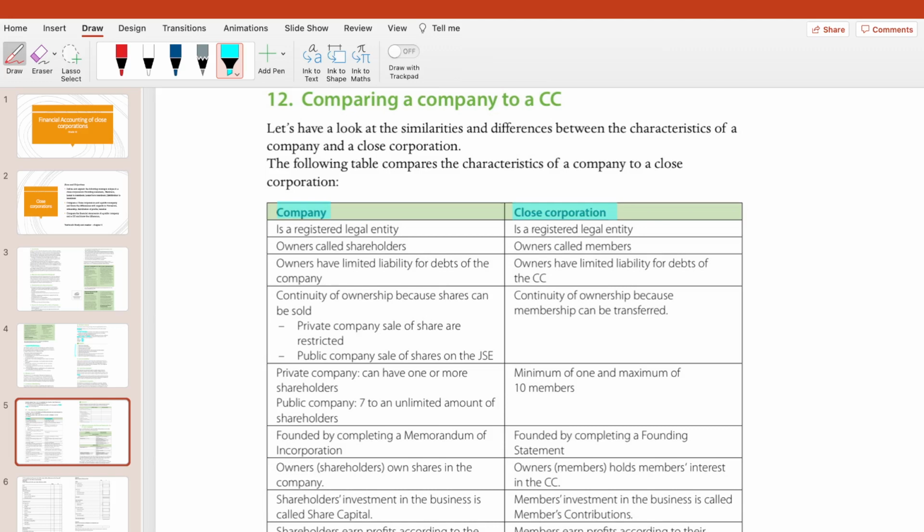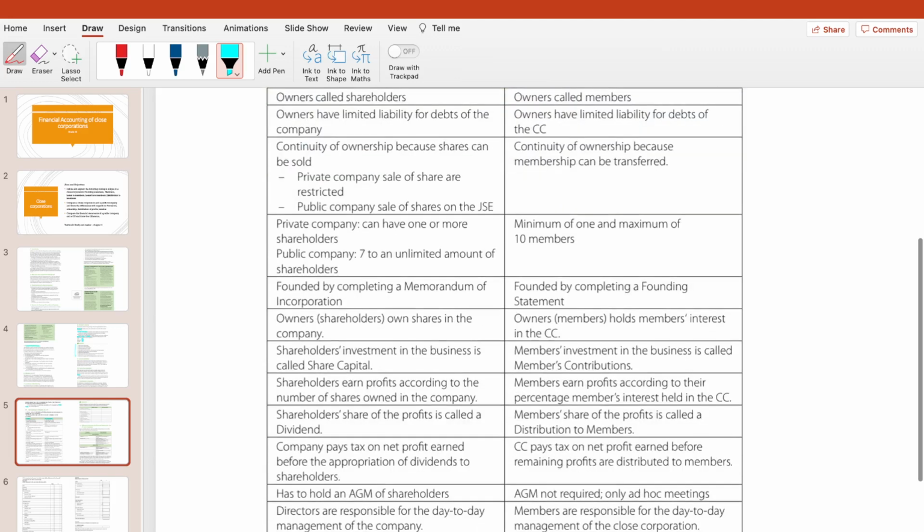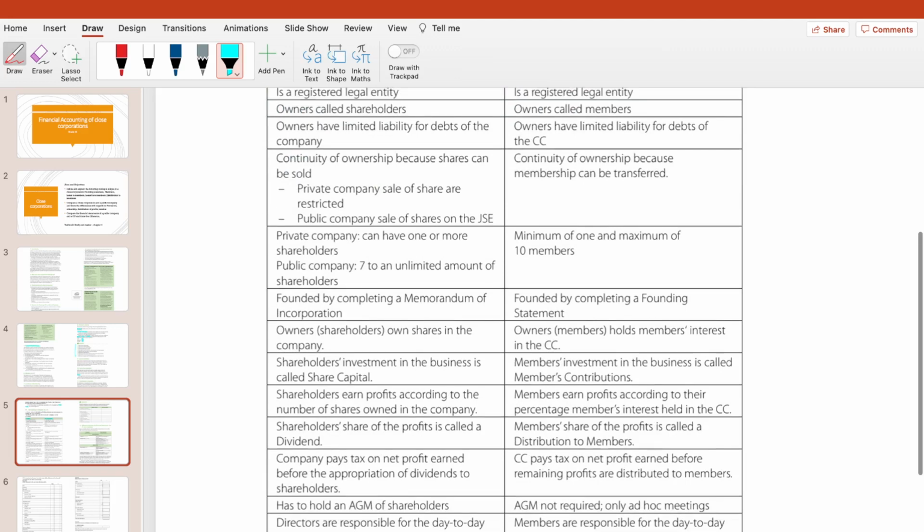Or when somebody dies, the business goes on, and that membership is also transferred to somebody else. A private company can have one or more shareholders. A public company, 7 to an unlimited amount of shareholders. In a CC, the minimum is 1 member and the maximum is 10 members.